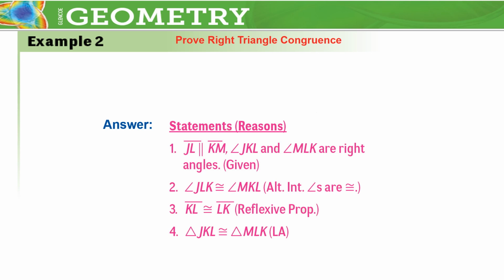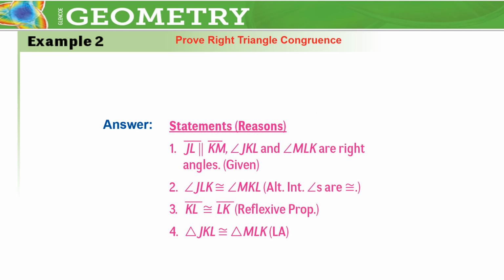This is given, and from parallel you will get angle JLK and angle MKL, alternate interior. So two angles are congruent, and you have a common side by using the reflexive property, which is KL equals LK.